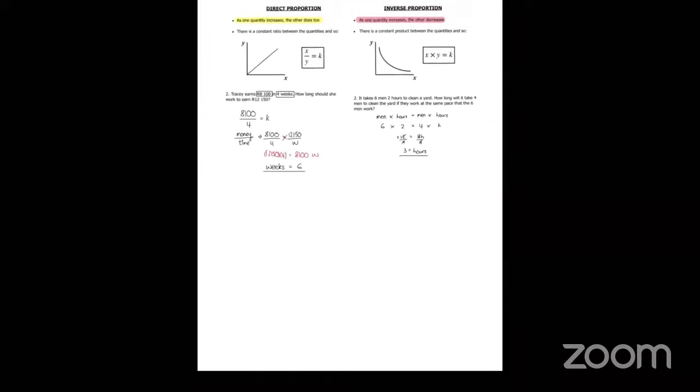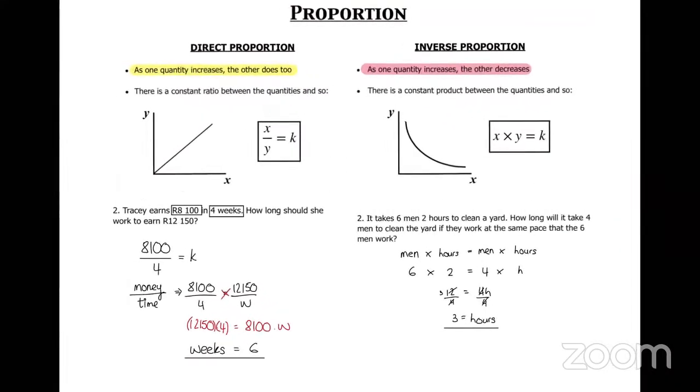So let's go and revise proportion. Okay, so direct proportion: as one quantity increases, the other does too. There's a constant ratio between the quantities. When we talk about inverse or indirect proportion, as one quantity increases, the other decreases.